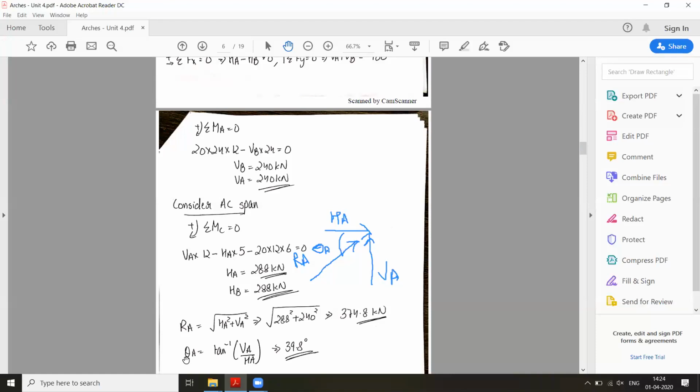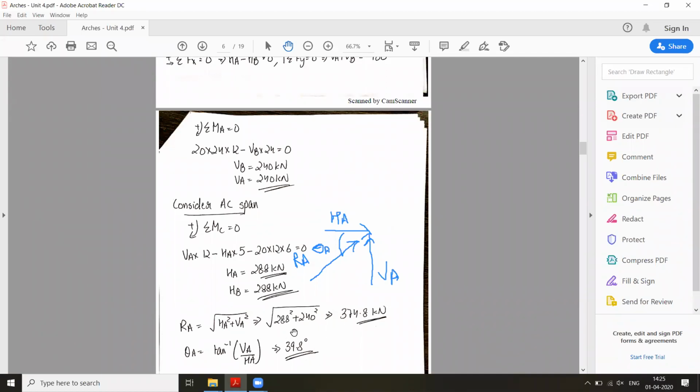Okay. And how to calculate theta? Theta will be just tan inverse of perpendicular upon base, VA upon HA. So tan inverse of VA upon HA will give you the value of theta A. This is the value of the resultant at A point.